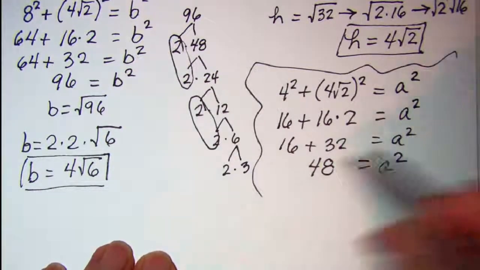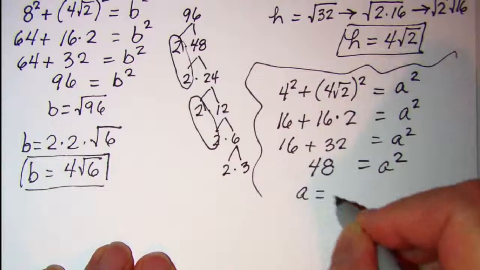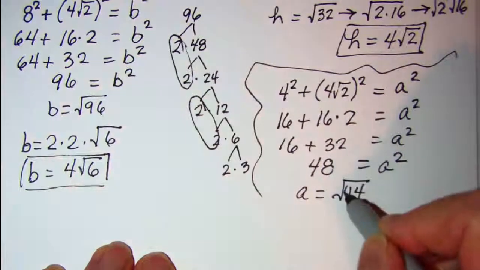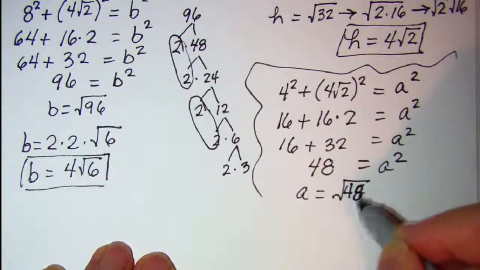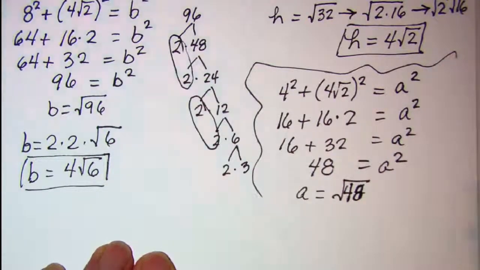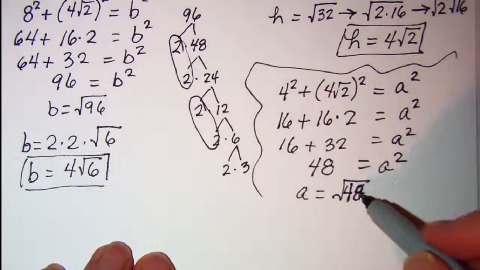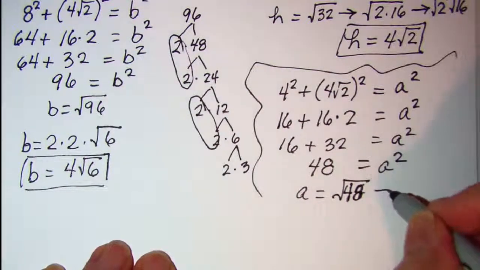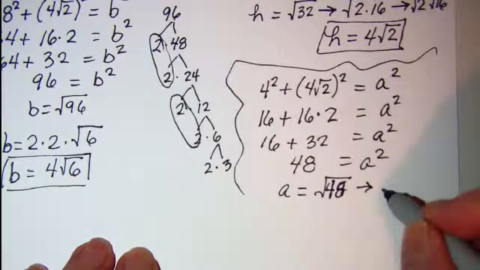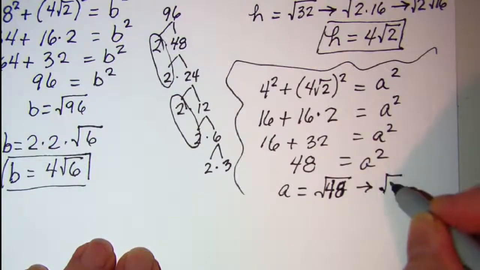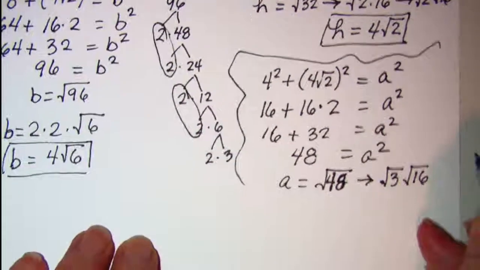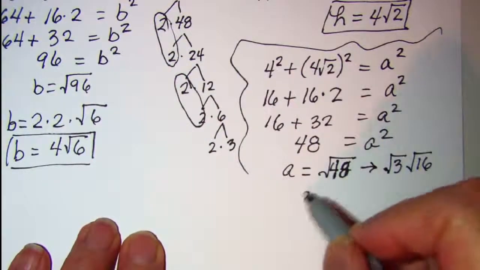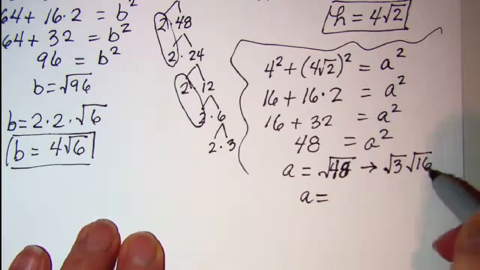So square root both sides, so a is equal to the square root of 48. I know that 48 is 3 times 16, so I'm just going to break this into the square root of 3 times the square root of 16, which simplifies then to 4 root 3.